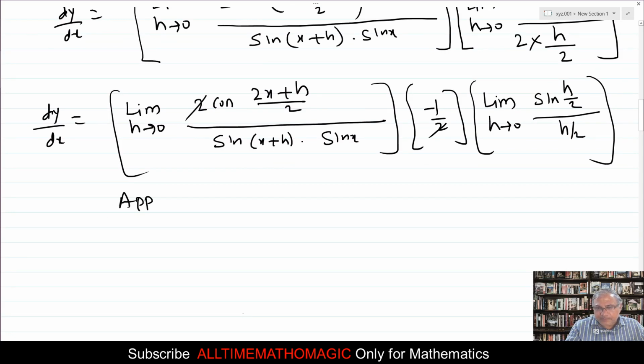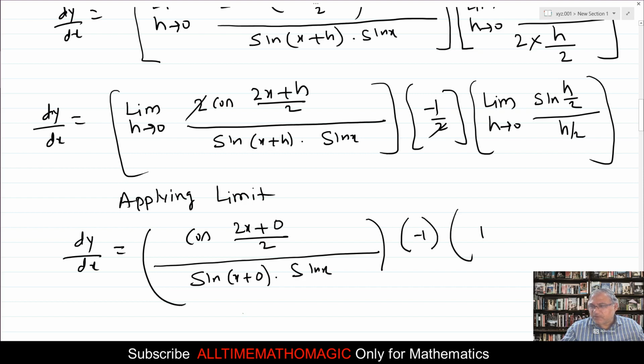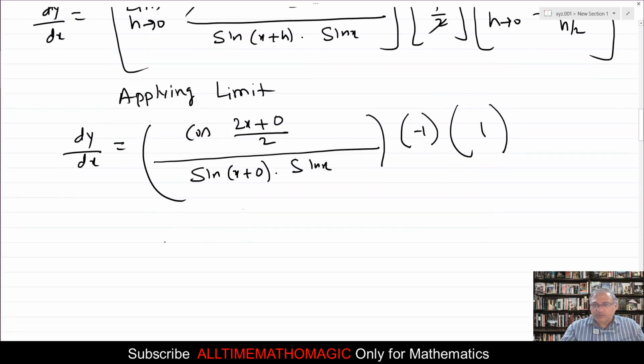Applying the limit, wherever h is there, put 0, so sin of x plus 0 into sin x, and this minus 1, and by formula the result of the second bracket equals 1.